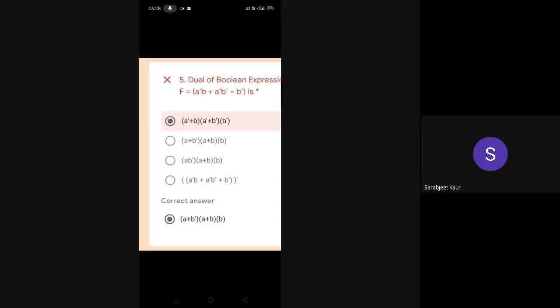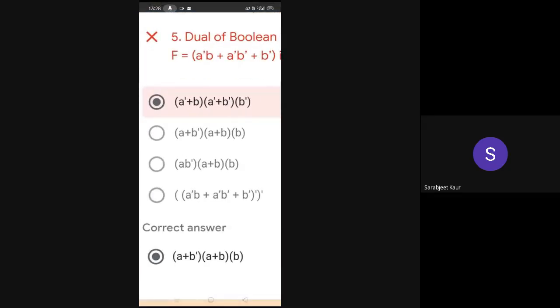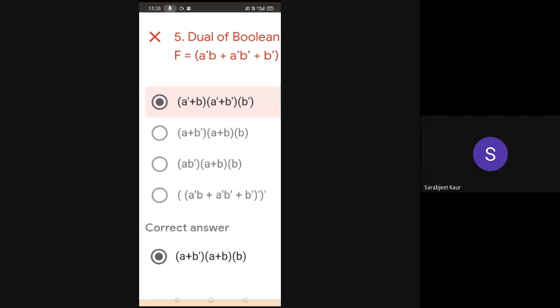So accordingly, the correct dual for this would have been A or B in brackets. Then this gets reduced to A dash or B dotted with A or B dotted with, I'm sorry, I'll just put it in the chat window.